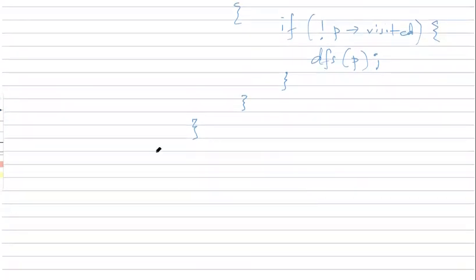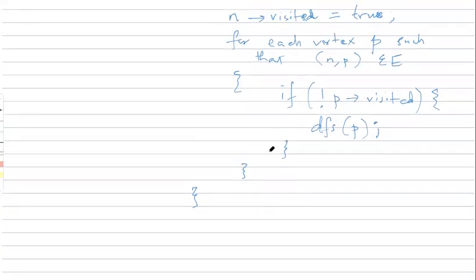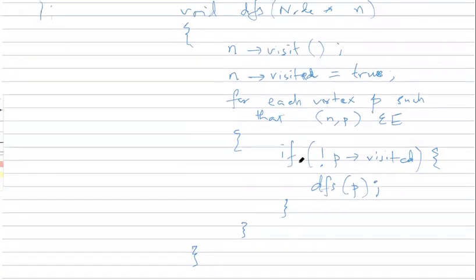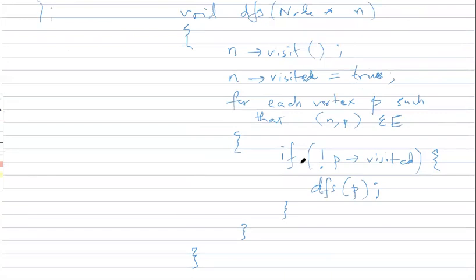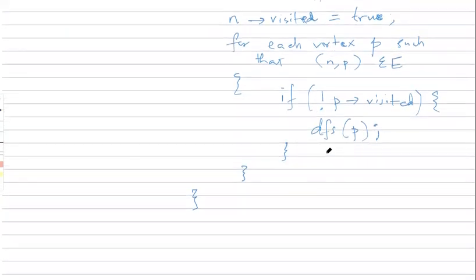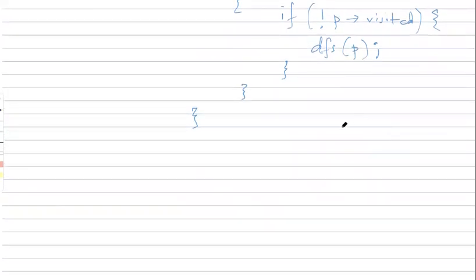So now let's see an application of DFS. Before we look into the application, what is the complexity of this? You can see that we are visiting every single vertex and every single edge.